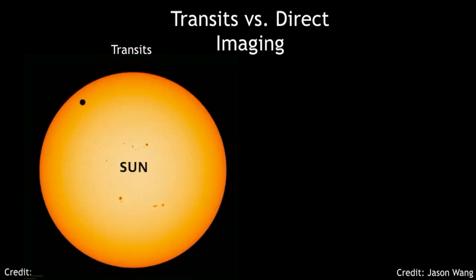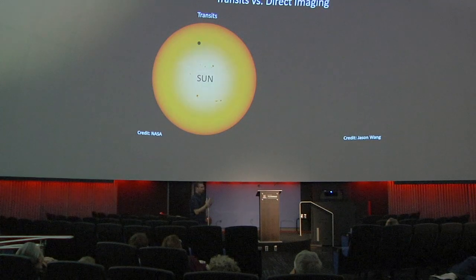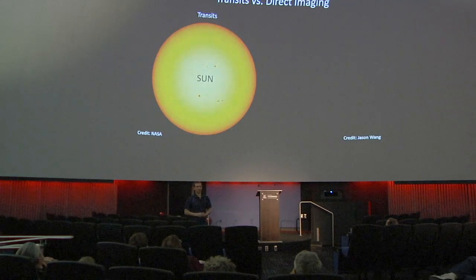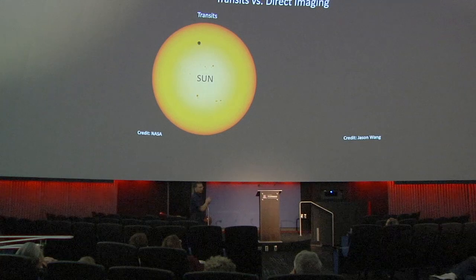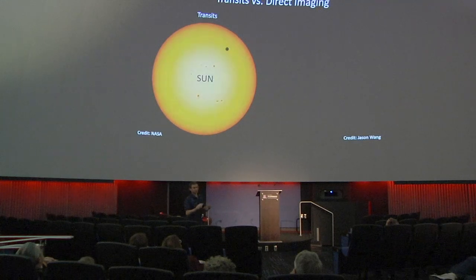Okay, so two techniques we use are transits and direct imaging. Here's a GIF, actually, of Venus transiting the sun. You can actually see Venus here. This is a transit from a couple of years ago where we see Venus crossing the disk of the sun. But we can do this with other planets around other stars.